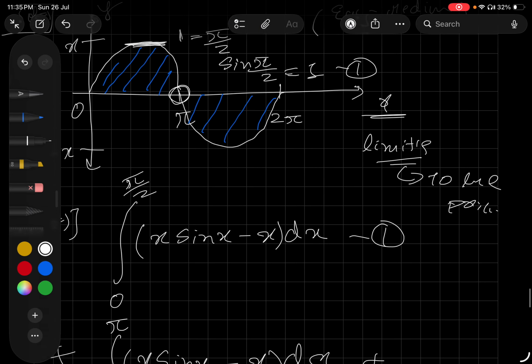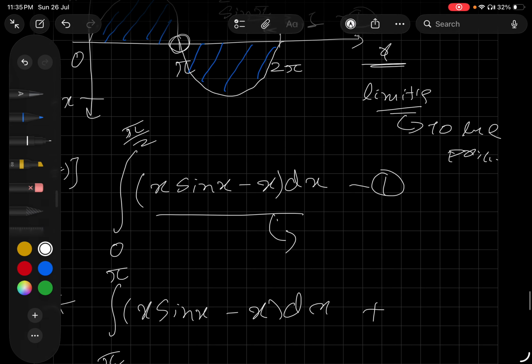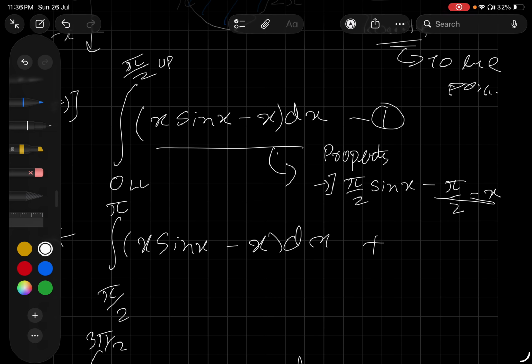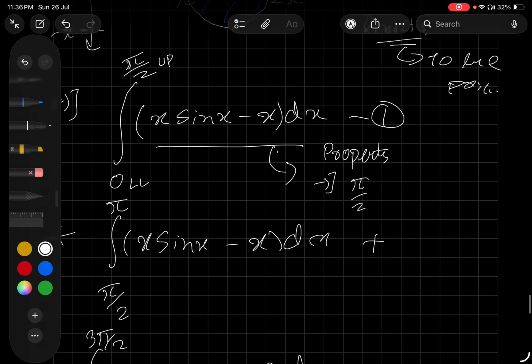If we come to our first equation and apply the property, we add the lower limit and upper limit, so it will be pi by 2 minus x.